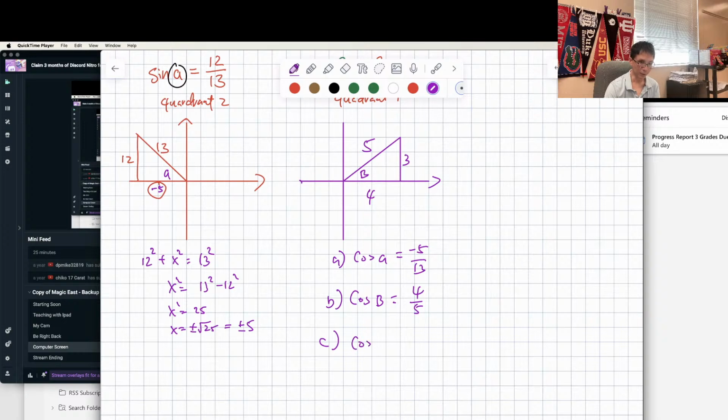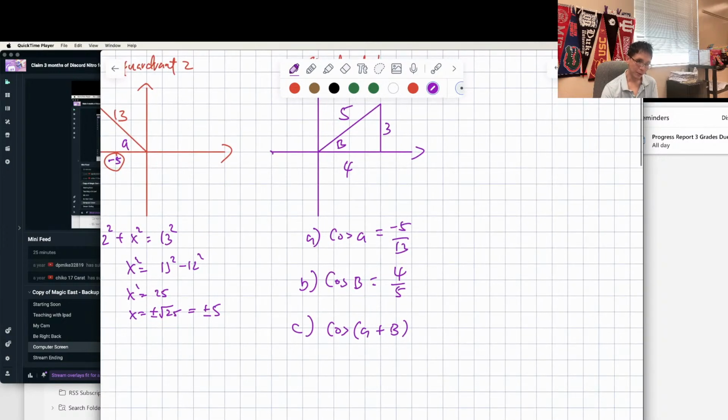Now part C is going to be kind of tricky. Can I ask you what is cosine of A plus B? Here's a part that most people get confused. Why do I know to use sum and difference? Because you're adding two things. So what will be the sum and difference formula for cosine?